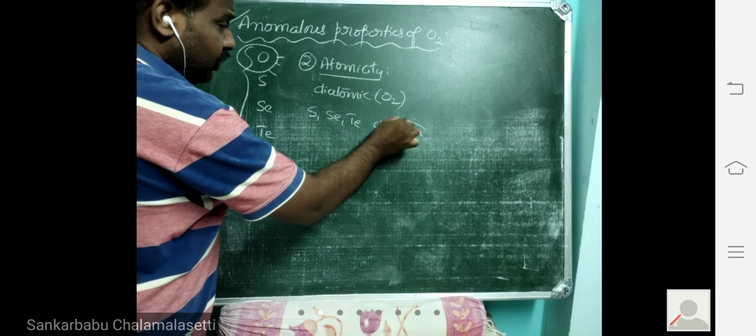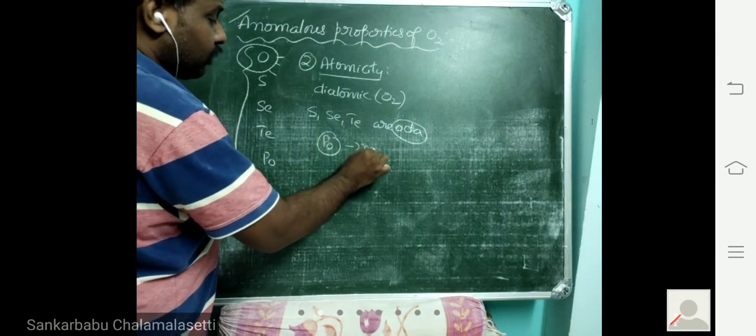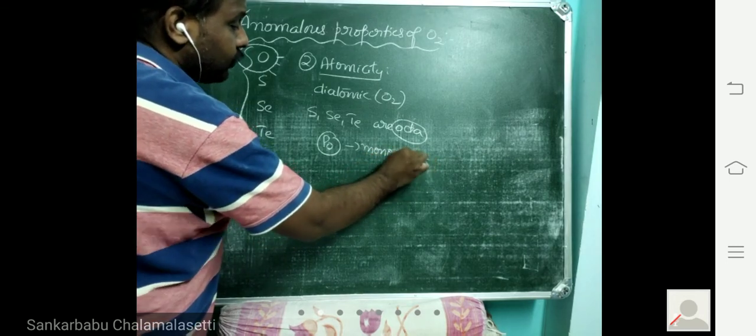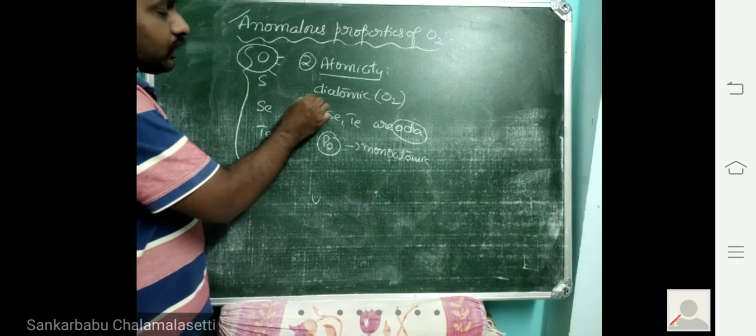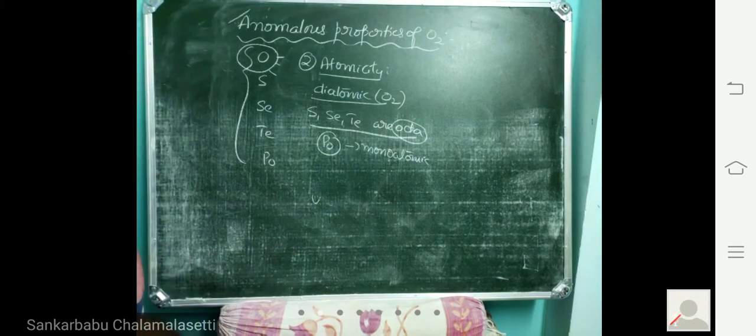Of course, polonium is radioactive, and it exists in the monoatomic form. Polonium is unstable. It is obtained due to decomposition of some radioactive materials like uranium and thorium. Polonium is not available in nature. So oxygen is diatomic, whereas the other elements are octaatomic.